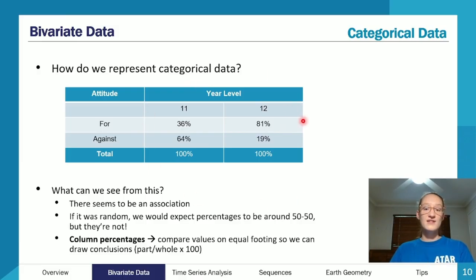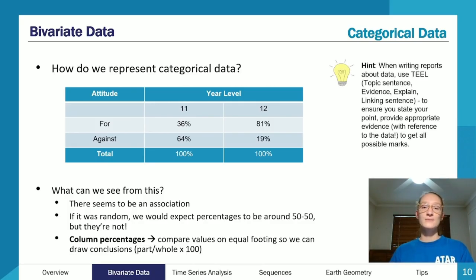But what they've done to this two-way frequency table is convert it to percentages so that we can compare our values on equal footing. Because if we had interviewed a different number of year 11s and 12s, it wouldn't be fair to compare the raw numbers, but by converting it to percentages, we can compare on equal footing. So that's important to note as well.